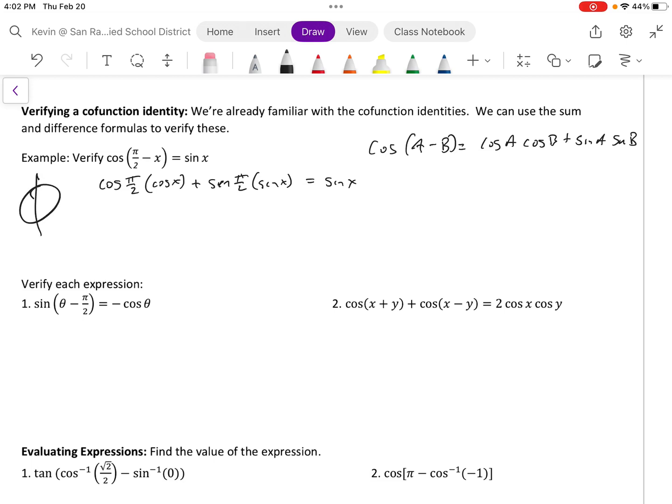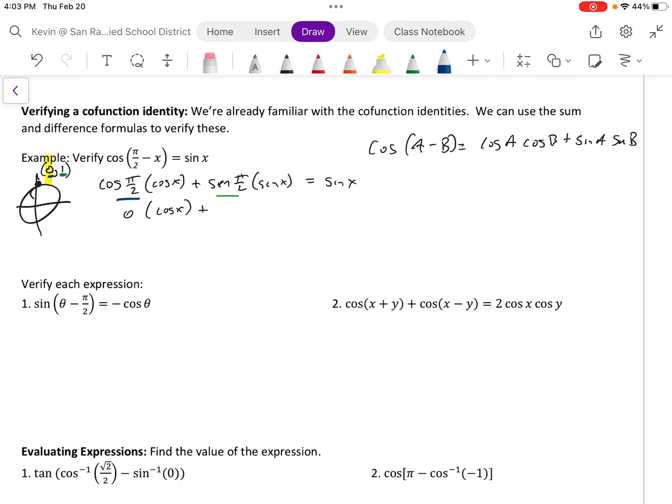So what is the cosine of pi over 2? Cosine of pi over 2, which is here, this is 0, 1. So the cosine of pi over 2 is 0. So this is going to be 0 times cosine x plus the sine of pi over 2 is 1.